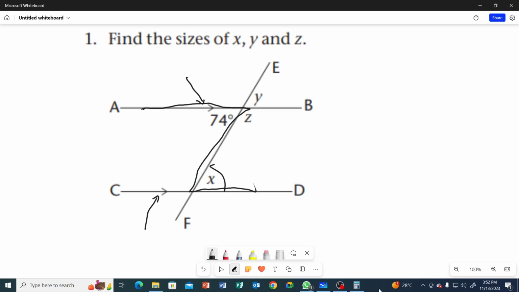Okay, now that you got it, guys, let us wait for it to write.